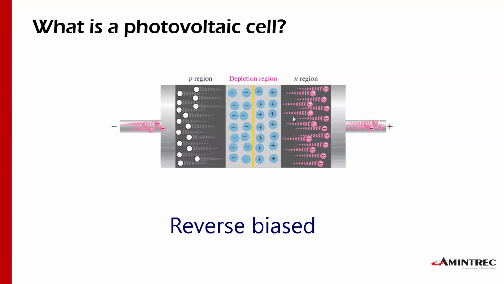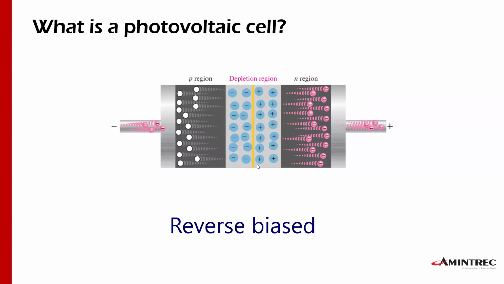Now we reverse those terminals. In this drawing, we now have the negative terminal connected to the P substrate, the anode, and the positive terminal to the N substrate, the cathode. Once we have this, we will increase the depletion region of the diode, and this will be reverse biased.